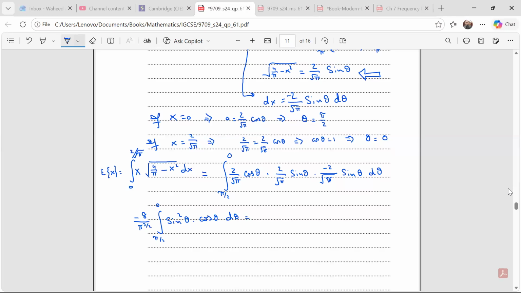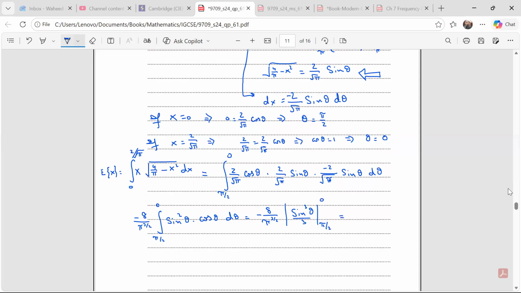So this will be equal to minus 8 over pi raised to the power 3 by 2. And when I have a function power n, it's complete derivative, so the integral will become sine cube theta over 3 and limits from pi by 2 to 0.